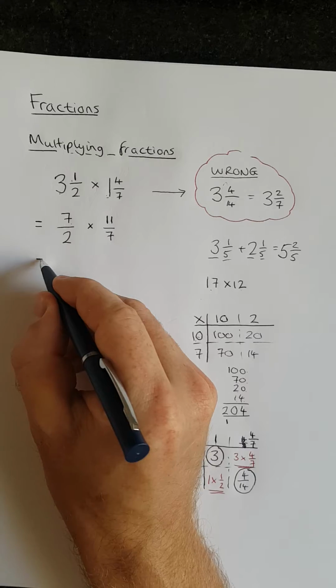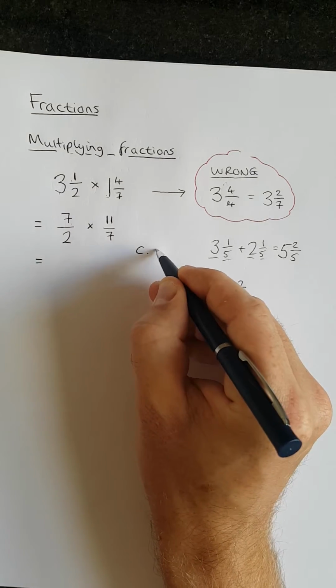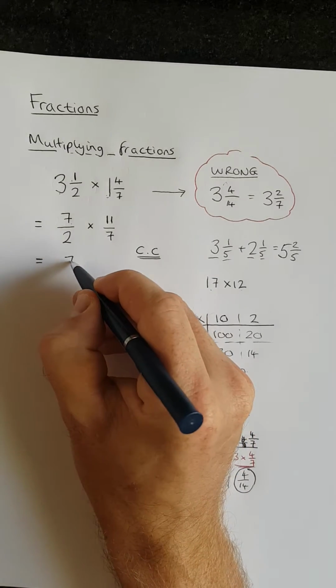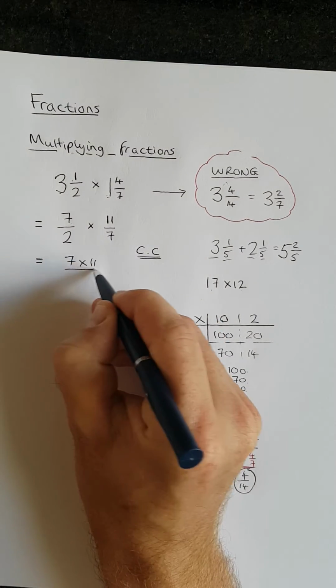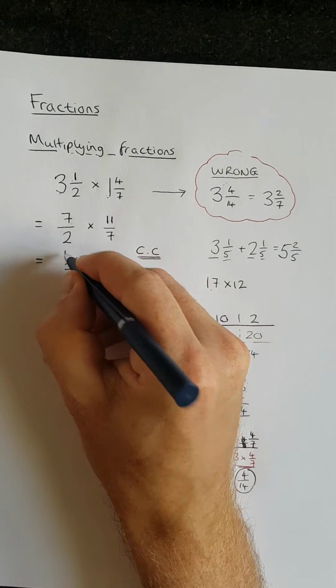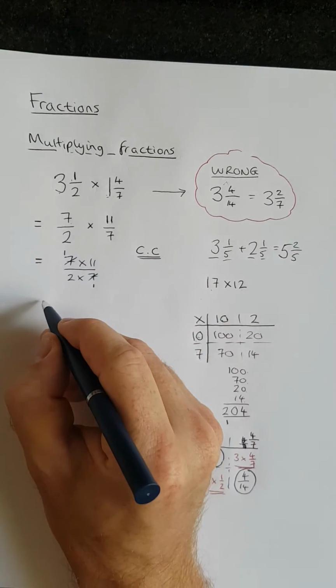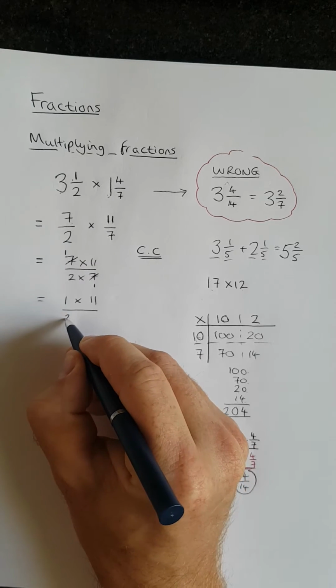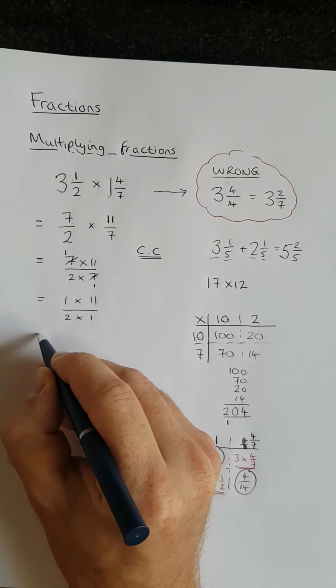Before we do that, I'm going to say to you, C. Well done, that's cross-cancelling. So we're going to write 7 times 11 over 2 times 7, and we're going to divide both parts by 7, which makes it 1 times 11 and 2 times 1.